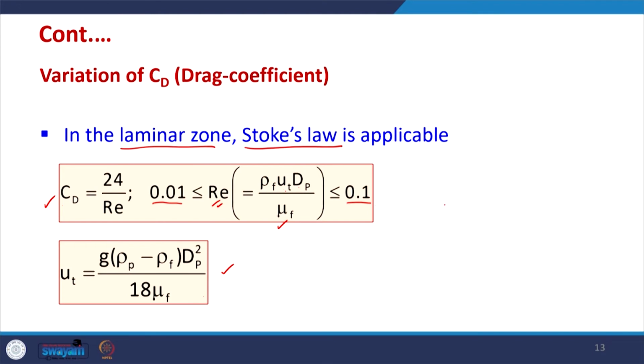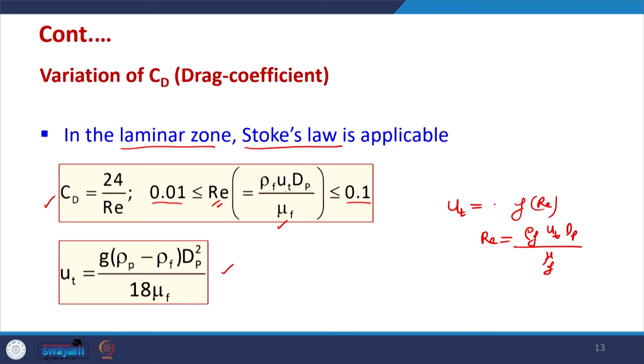So, there are two things: ut is a function we can find out by using this expression, but it is dependent upon the Reynolds number, okay. And Reynolds number itself is a function of ut. So, that means we have to iterate if we have to find out the velocity.